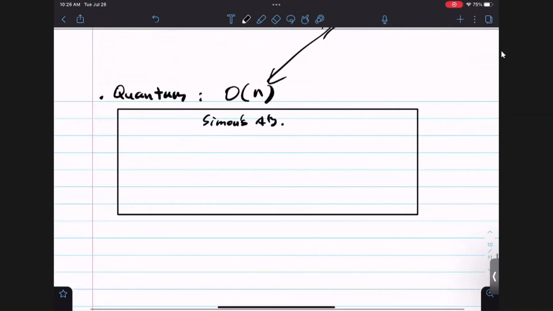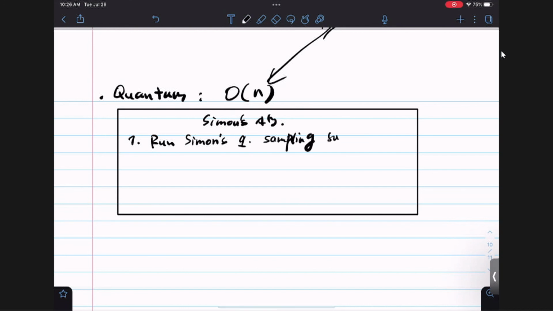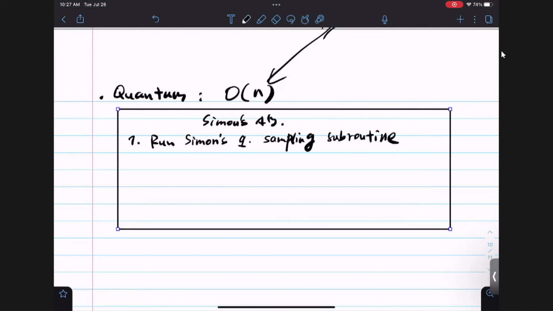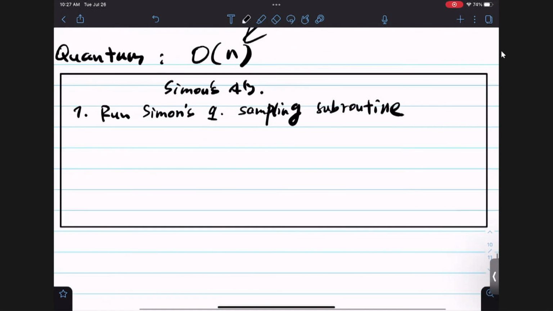So Simon's algorithm actually has a simple two-step structure. In the first step, we're going to run a quantum sampling procedure a bunch of times. Each time we're going to get a string of n bits. Let me denote them y1 to yk.